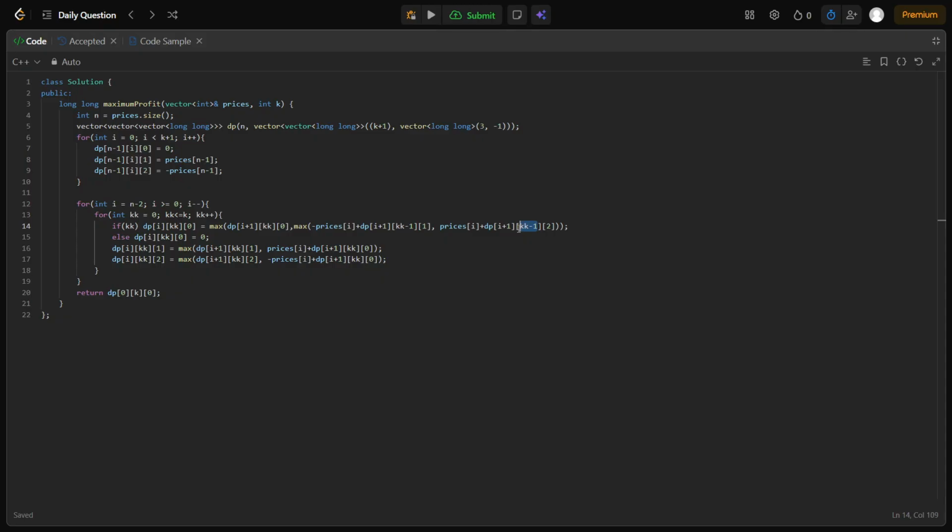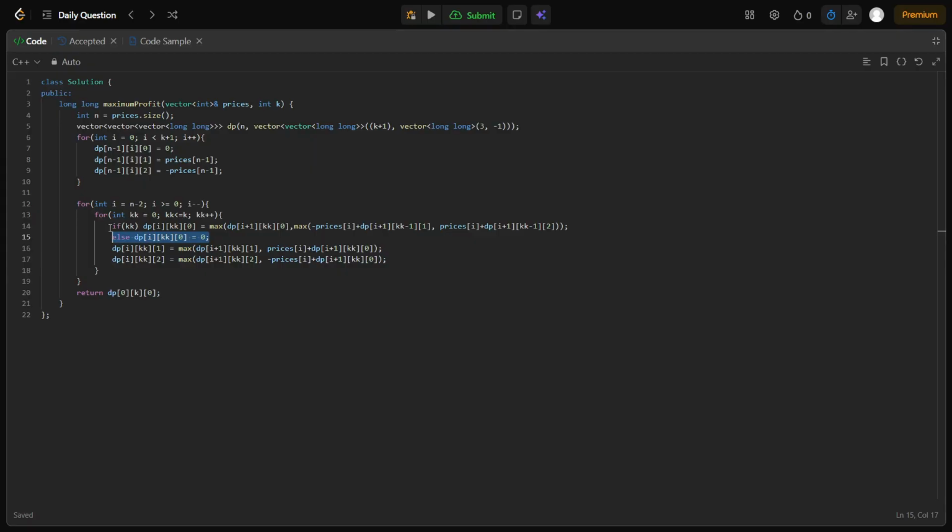So if we are on the 0th k, there is no transaction, then of course we can't make any transaction. If no transaction is left, which means no k is left, then of course our profit is zero.